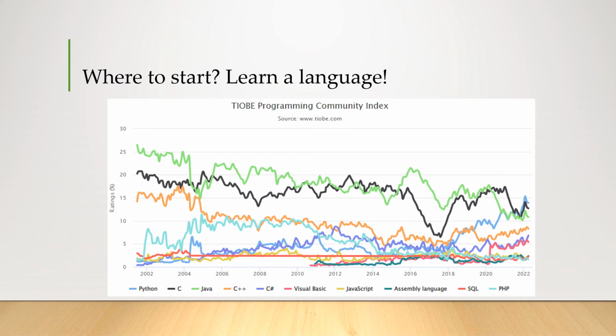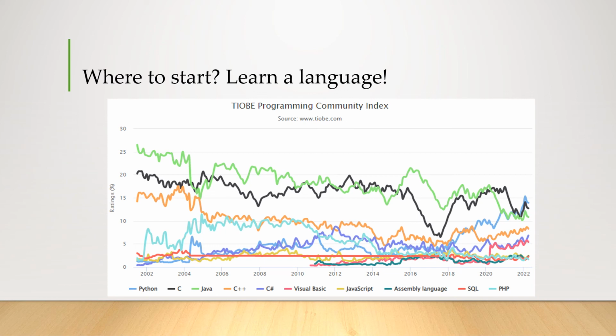Python has risen a little bit over the last 20 years, mostly in the last 5 years, actually, as it's become one of the main languages for big data. C has stayed pretty close to the top. That's the little black line there. C++ is the orange line. It's gone down a bit, then it's come up a bit, then it's down a bit, then it's come up a bit. It's on the way up at the moment.